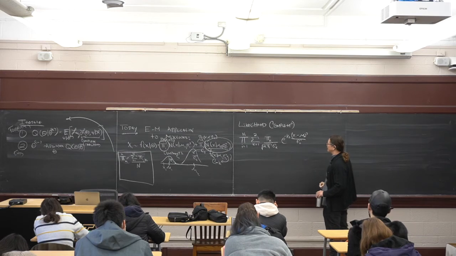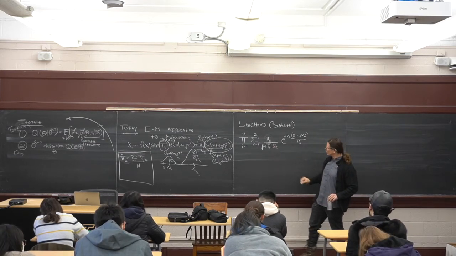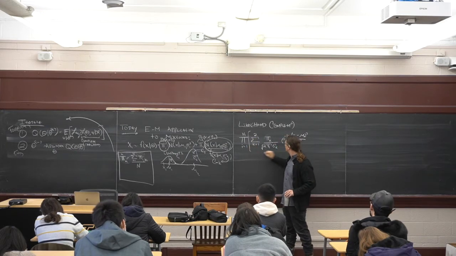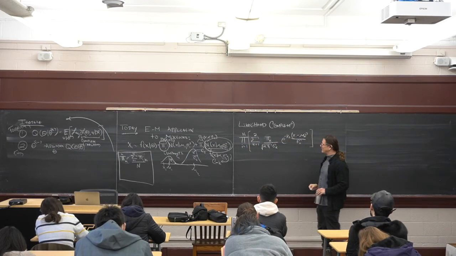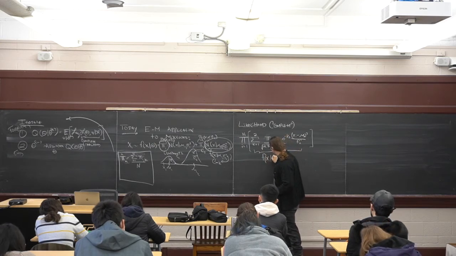But I need to be a little bit careful, and I need to include an indicator function. So if I just wrote this down, this right here really is just my f of x_i given theta.